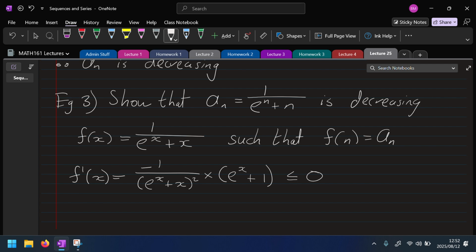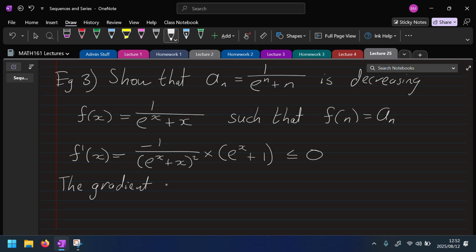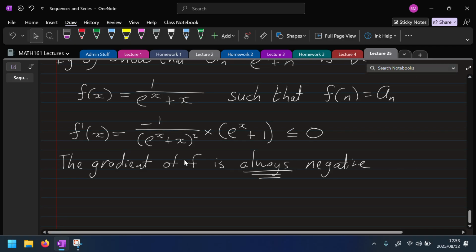Okay. In other words, the gradient is always negative. So the gradient of f is always negative. Not sometimes negative, sometimes positive, always negative. That's very important. Okay.